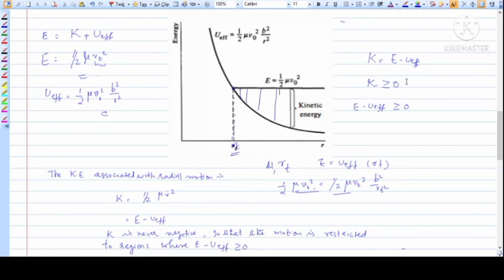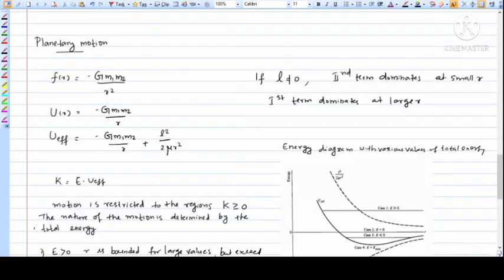Now let us apply the energy diagram to the problems of planetary motion. Now we are in a position to explain planetary motions using the idea that we studied.